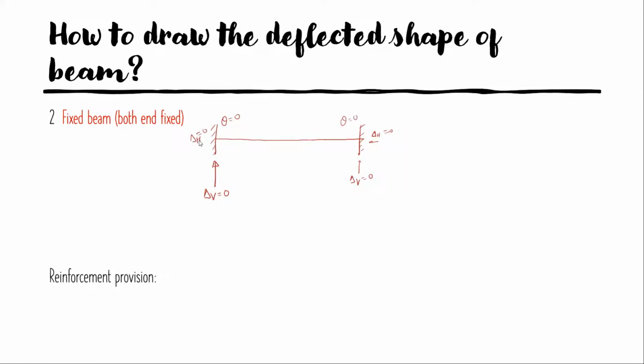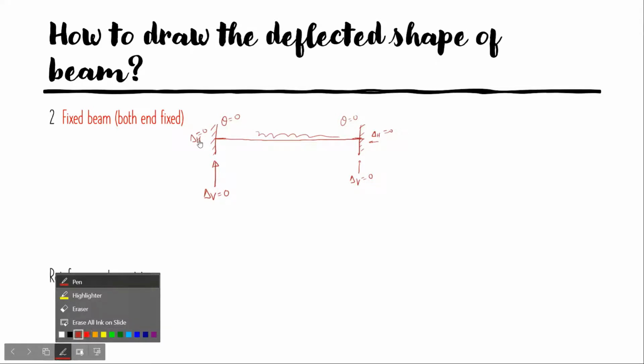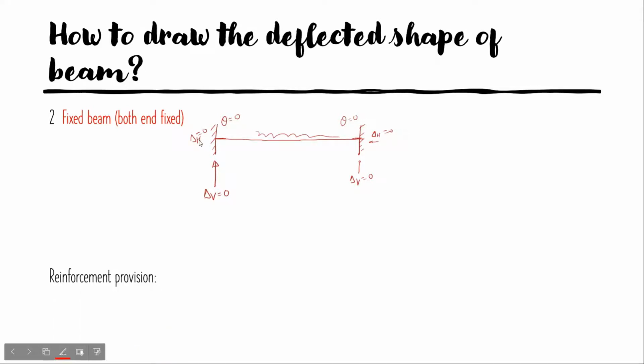So now due to load, what will happen at this end and at this end? We know two things: both the slope theta is 0 here, as well as the vertical and horizontal displacement is 0.